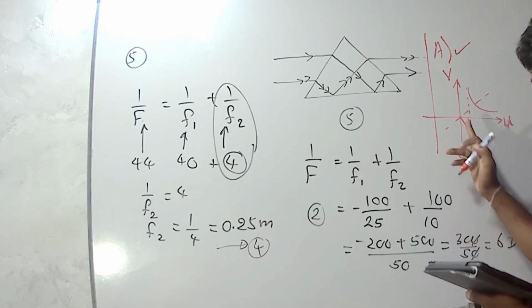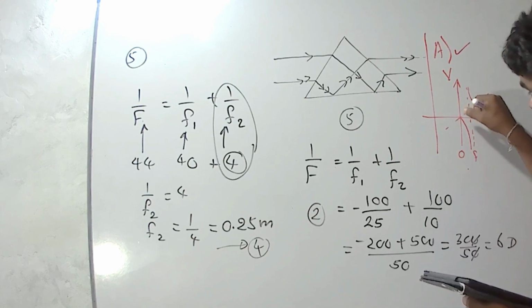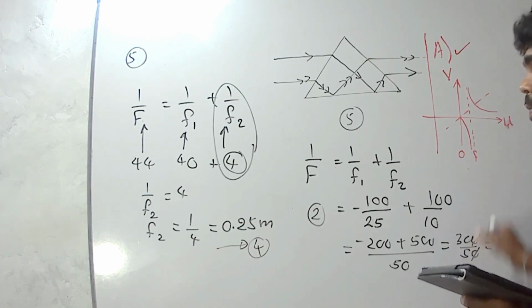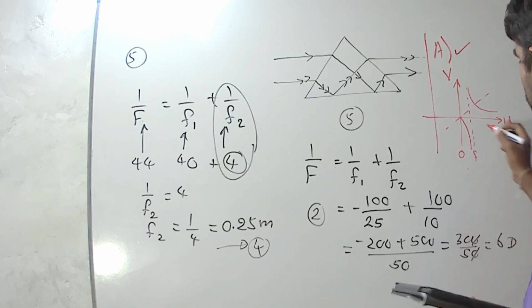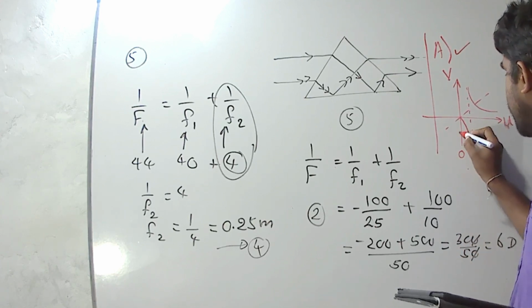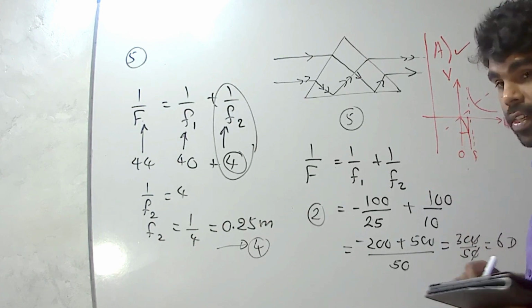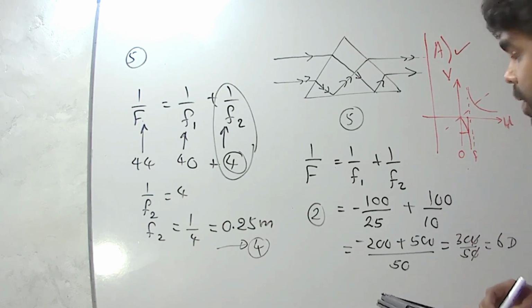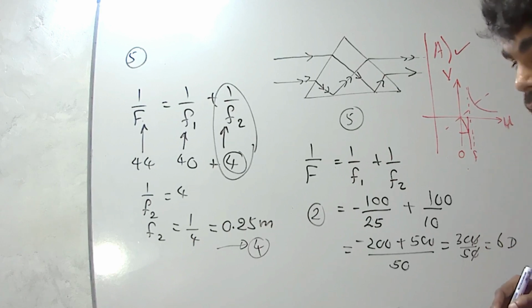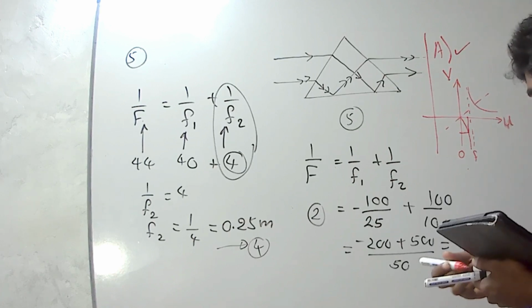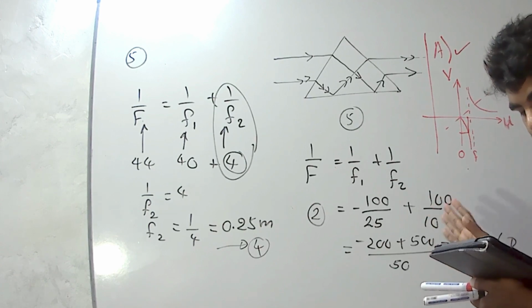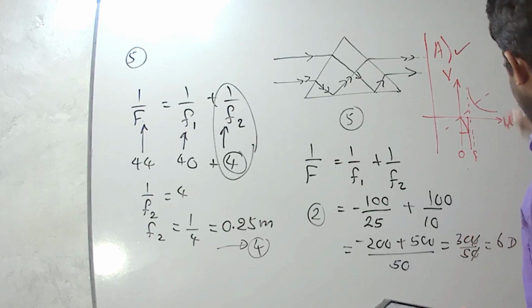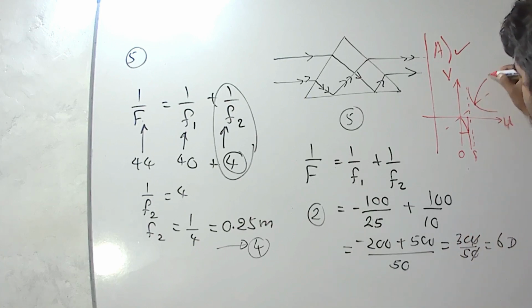From u equals 0 to f, M is increasing and moving from 0 to infinity. Always the image distance is greater than the object distance. It means it is a magnified image. Then B: from f to 2f, M decreases. F to 2f, we know that this point is the 2f point.